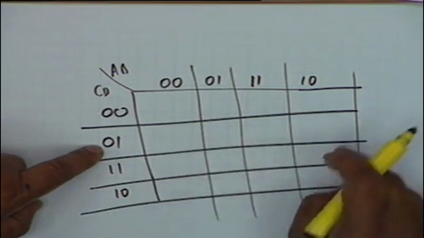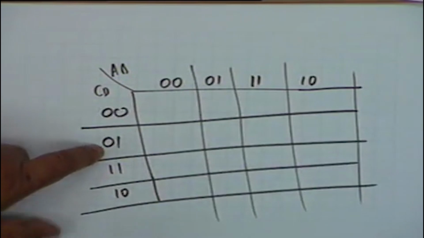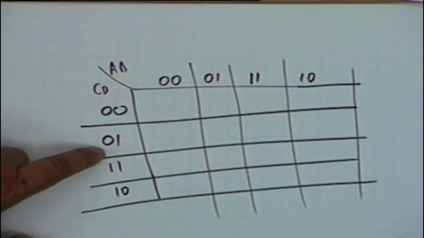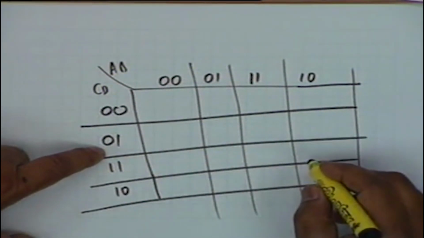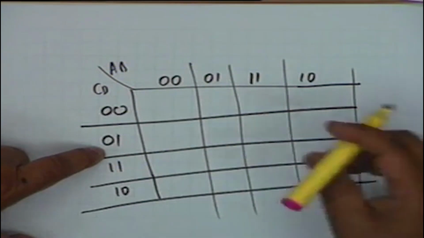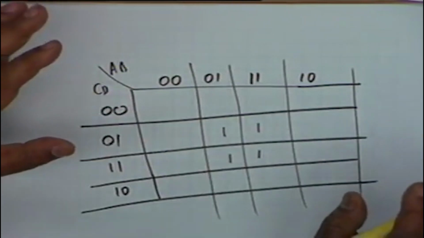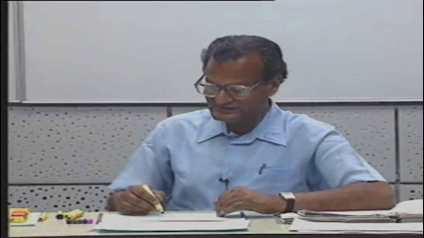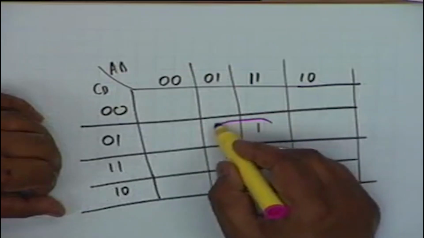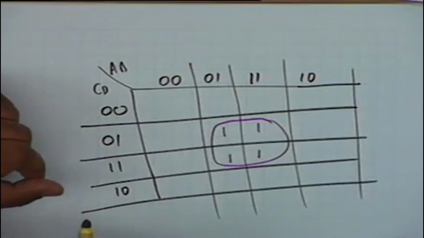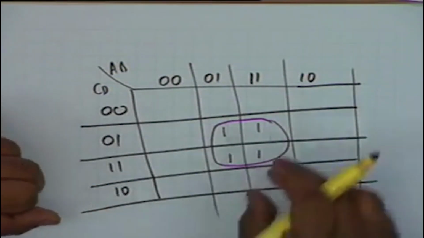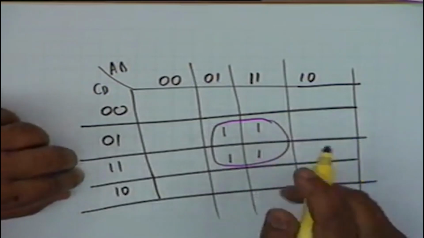Now, in such a situation, it may so happen that there are 4 adjacent ones. Pairs can of course be utilized, but if there are 4 adjacent ones, then you enclose them within a curve and look at what it is independent of.